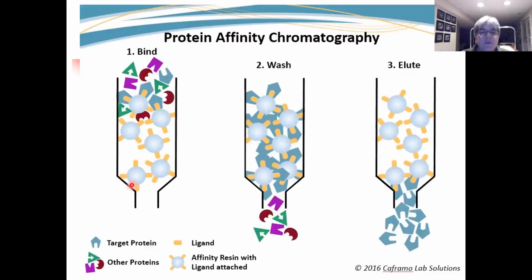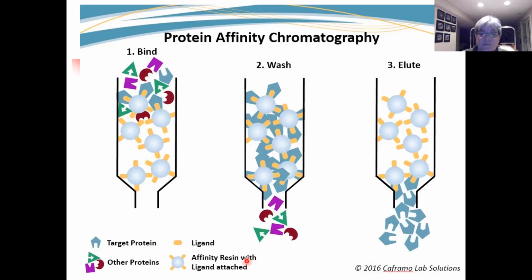So here is my column, and notice I've got my stationary phase, and then I've got this ligand on it. So this is the thing that's going to bind to one thing and only one thing. And now I have this mixture of proteins, okay? And this is the one I want, the target one. And this one, the target, is the only one that will bind to this. Okay, so I put them all in the column, and notice the target gets on there.